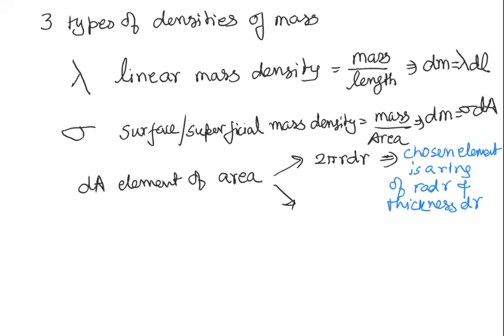Just like I think I discussed that the sphere is made up of hollow spheres, the disc is made up of rings. So if you choose one ring, then that ring is going to have an area of 2 pi r dr.